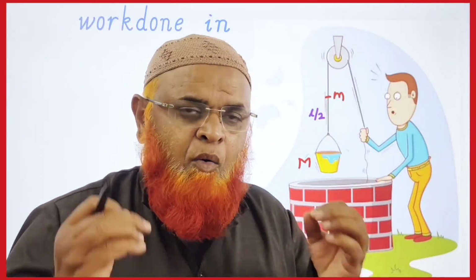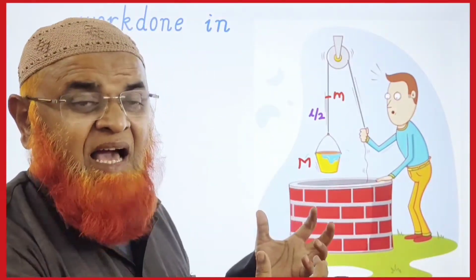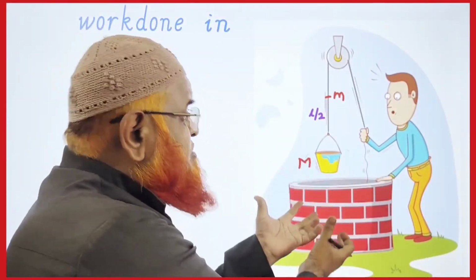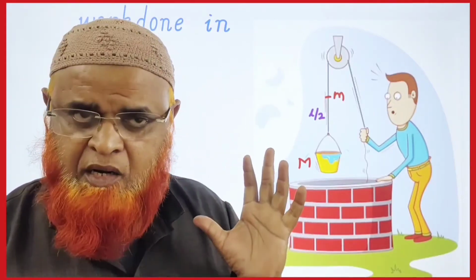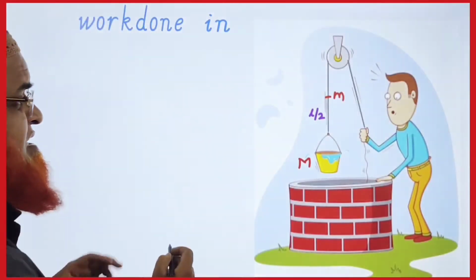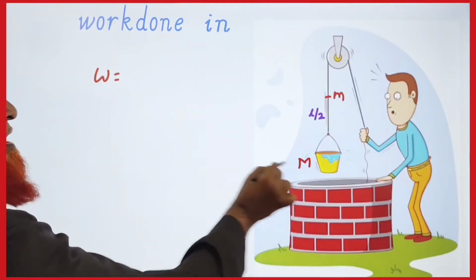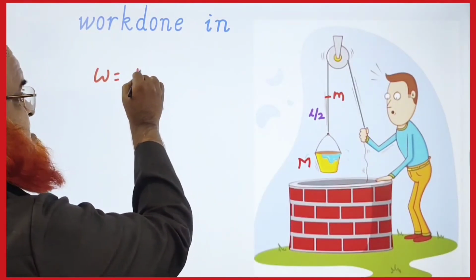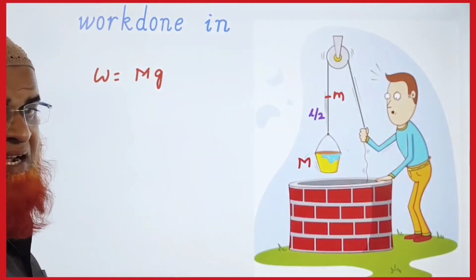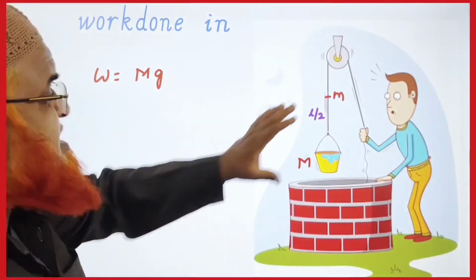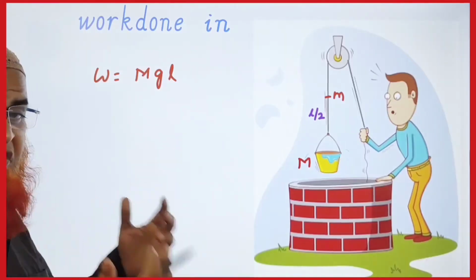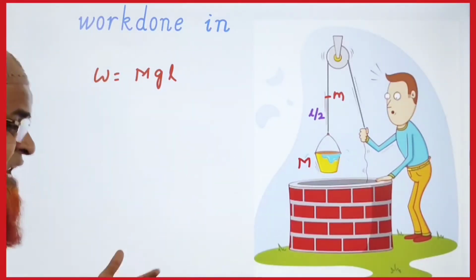My dear students, what is the work done by a man to lift a bucket from the well full of water? So here, the mass of the bucket with water is mg and the length of the rope is considered as L. So instead of mgh, we have to consider mgL here.